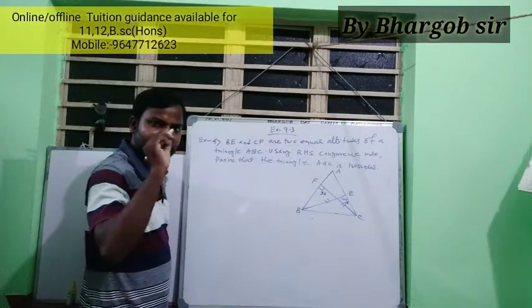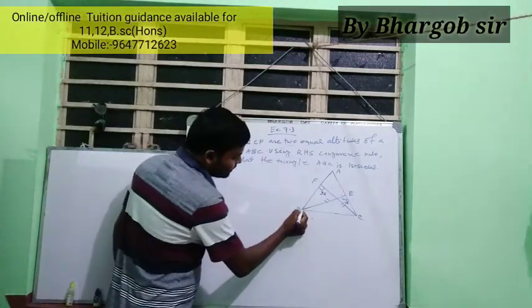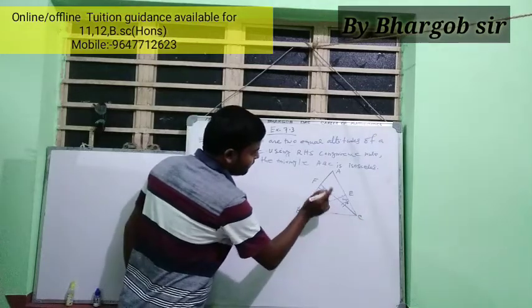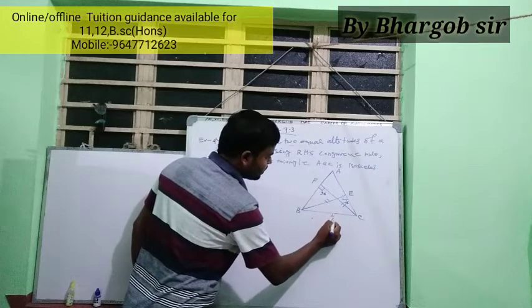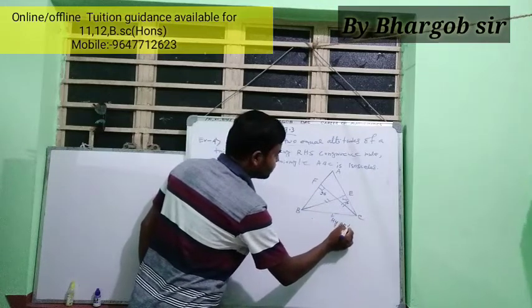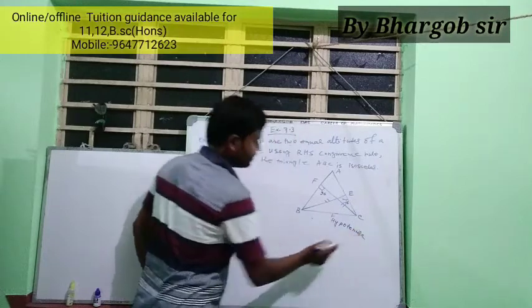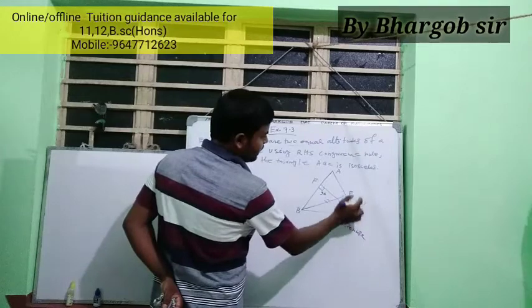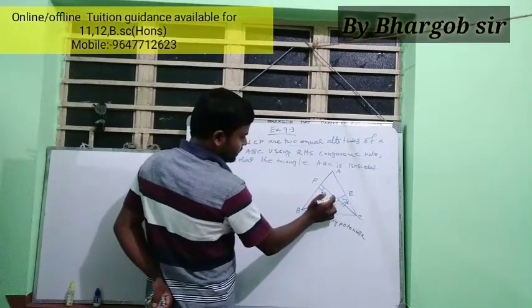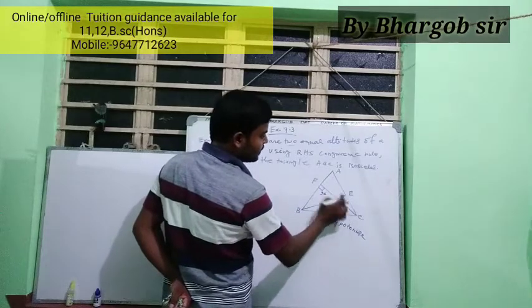Please carefully notice on the board in this picture, in triangle BCF, this side is perpendicular, this is 90 degrees, so this is the hypotenuse. If we take the right angle triangle BCE, then BE is perpendicular, this is 90 degrees and this is the hypotenuse.